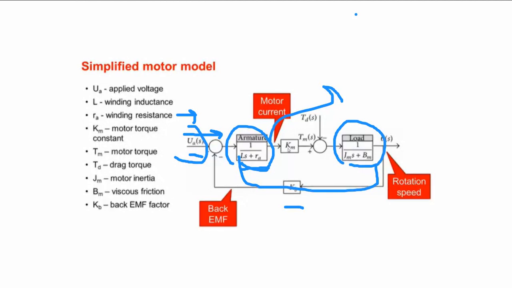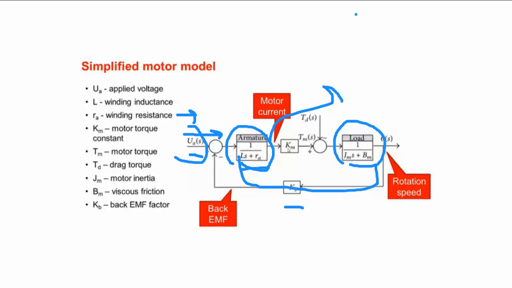I said every brush motor is also a generator. Don't forget it. I said to you last time, we call it not motor, it's machine. Why? Because a motor acts as a generator. For example, in regenerative braking operation, they work as a generator.